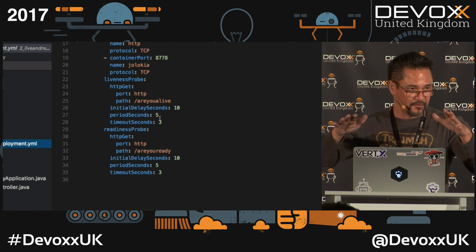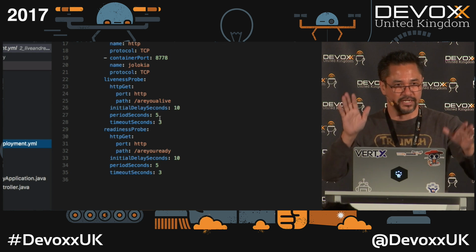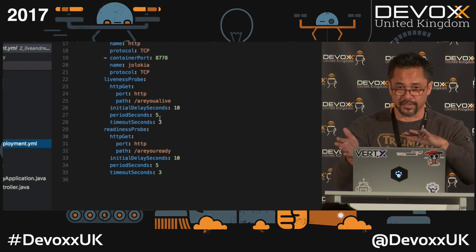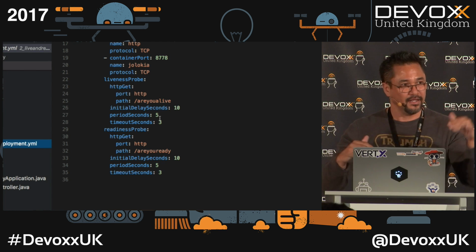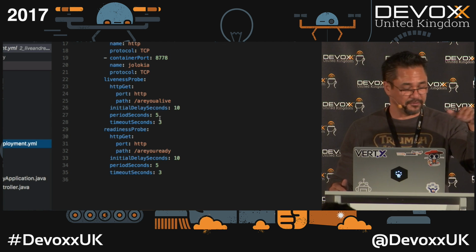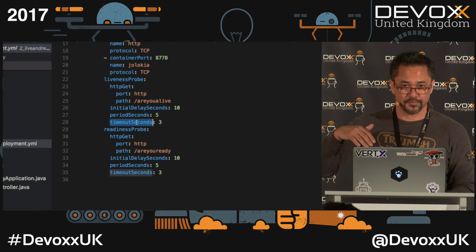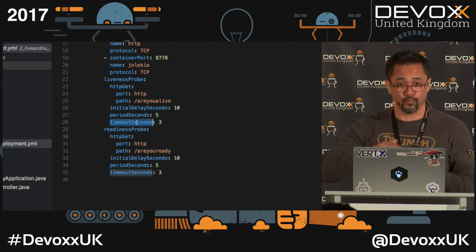The readiness is slightly different, and its purpose is to ensure that it can be part of the load balancer. Is it ready to receive traffic? So you use the two of them and your business logic accordingly to decide, am I alive or dead? And if it doesn't get a response within so many seconds, it'll assume you're dead and restart you. And then you have the readiness probe to say, are you really ready to take real workload?